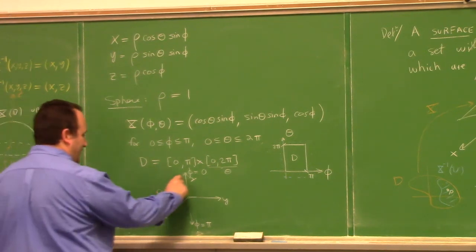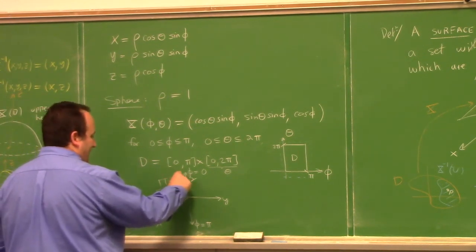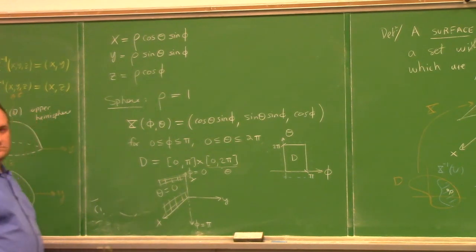But what else is on the xz plane? How about where theta equals 2 pi? That same plane, right? 0 and 2 pi are the same geometric location in terms of polar coordinates.